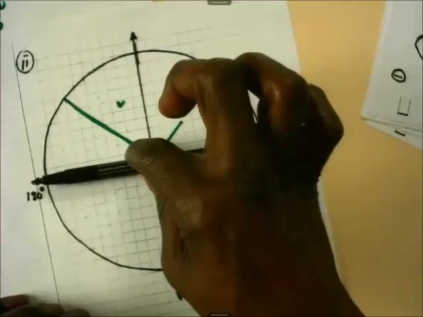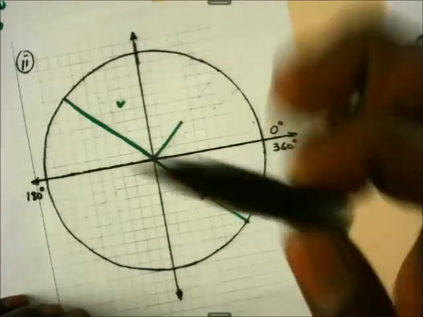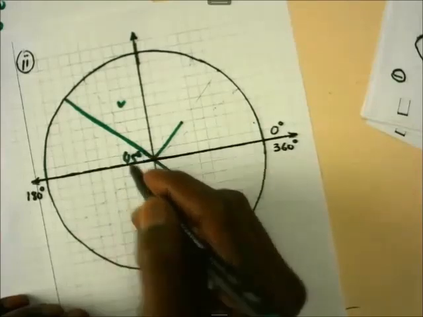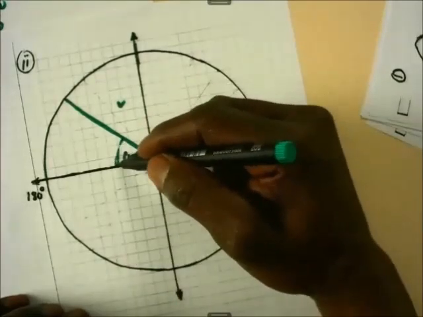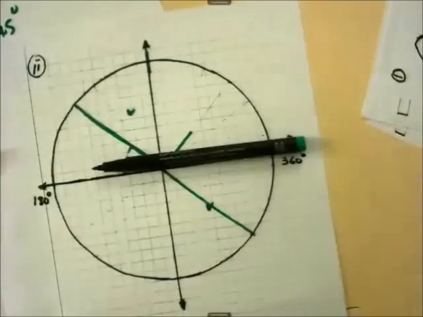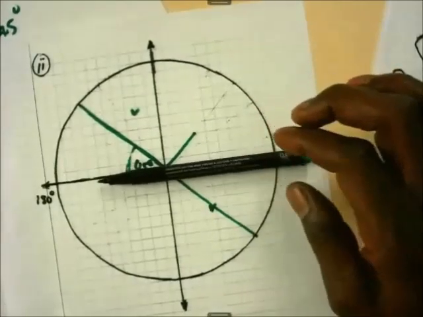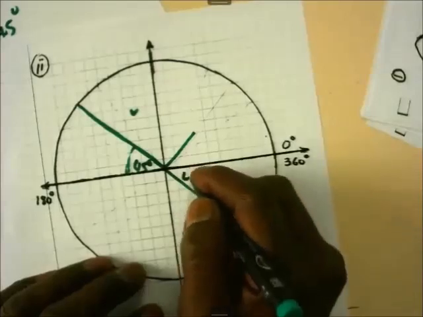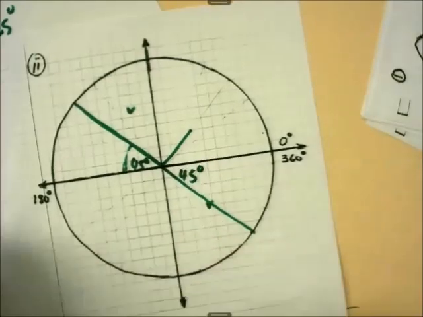Now, to write my reference angle, I'm going to consider this 45 degrees being this angle here. I'm going to consider my reference angle as this one, 45 degrees.